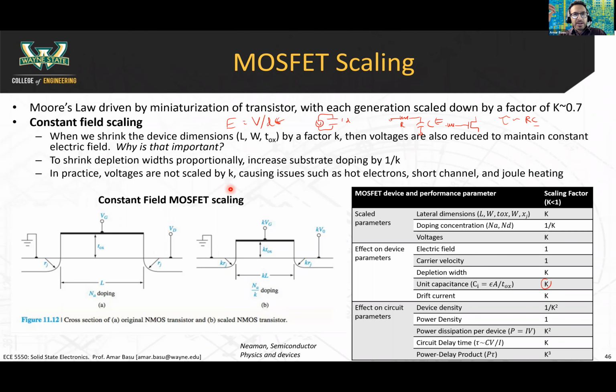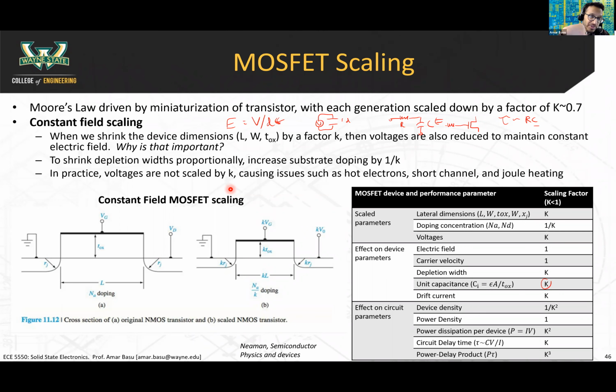We have shrunk down our transistors from tens of microns in the 1970s, and we were operating at 5-volt gate voltages, let's say. We've scaled down from 10 microns to 10 nanometers now. That is scaling down by a factor of 1,000.